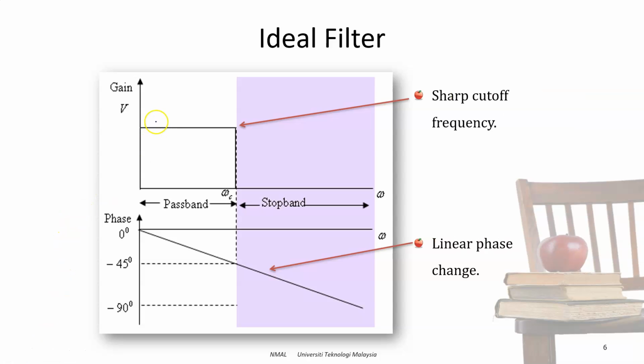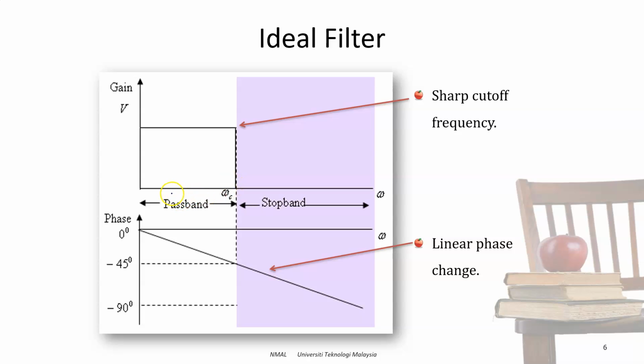Okay, this is how ideal filter looks like. Okay, we can see that there is a sharp cutoff frequency here. It means that it is sharp at omega c. After omega c here, any signal with frequency above omega c will be stopped. Okay, cannot go through this filter.